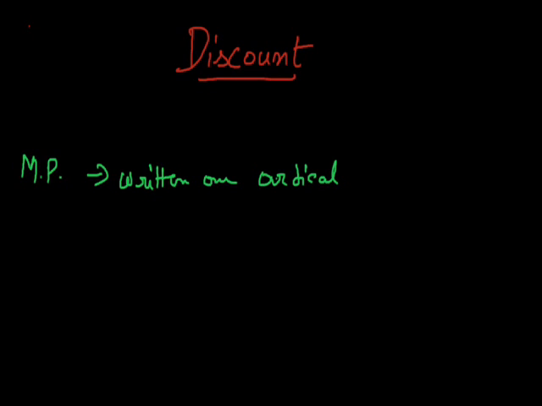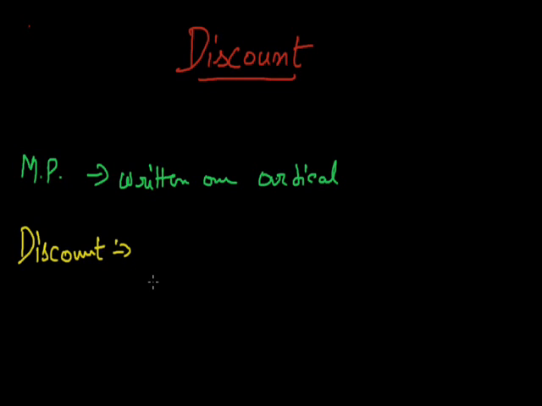Now discount is the decrease in price or the rebate given by the salesman in case he wants to increase his sale or in case he wants to sell out his old stock. So he gives a discount, that is he says that he will give you rupees 5 discount.